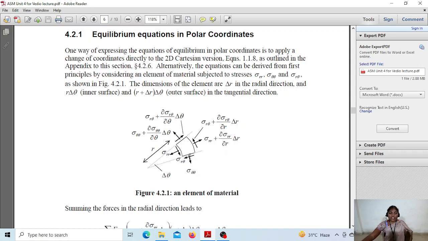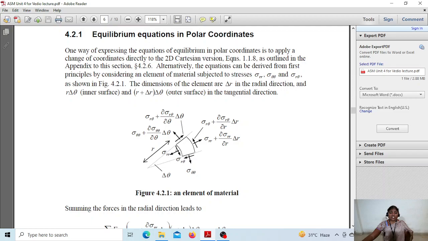Similarly, in the other direction the stress is sigma theta theta on one face, and on the other face it is sigma theta theta plus dou sigma theta theta by dou theta into delta theta. This varies in terms of theta only, because we are differentiating with respect to theta.